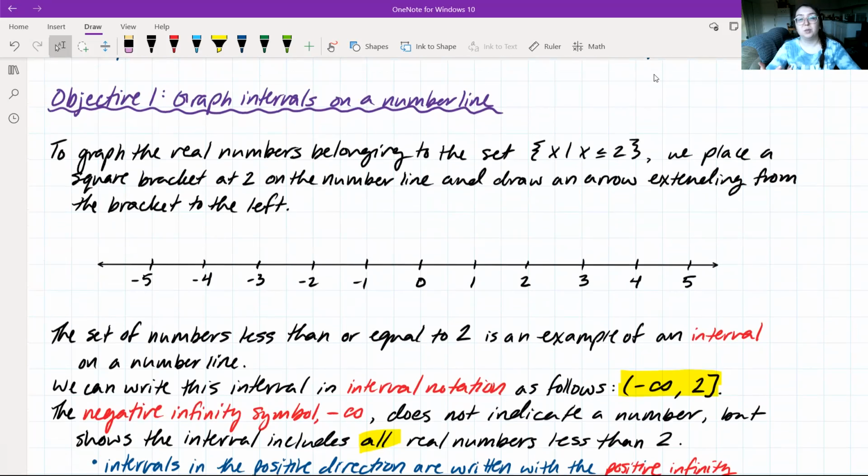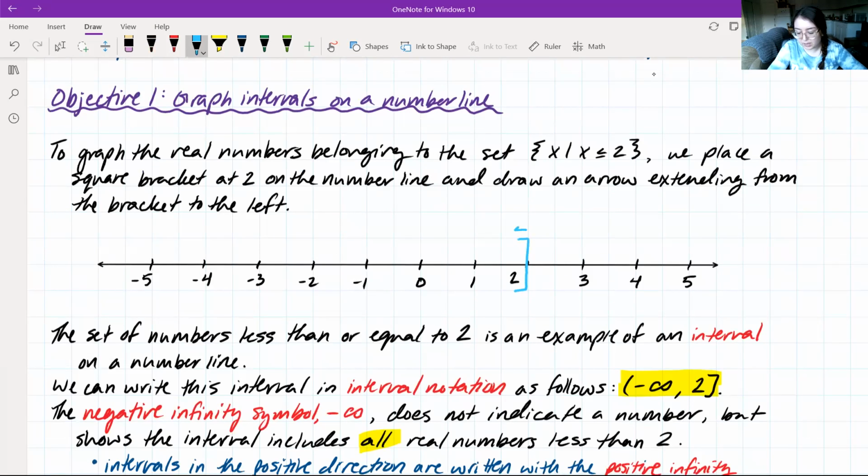So if we want to graph this solution on our number line here, we draw out a square bracket, and we're going to have it facing the direction in which our values are going to go. So we draw a square bracket at 2, and let's actually move this 2 over a little bit. So we're going to draw our square bracket here.